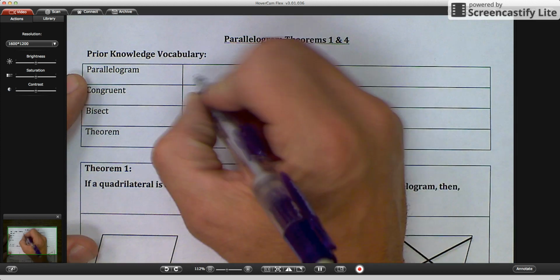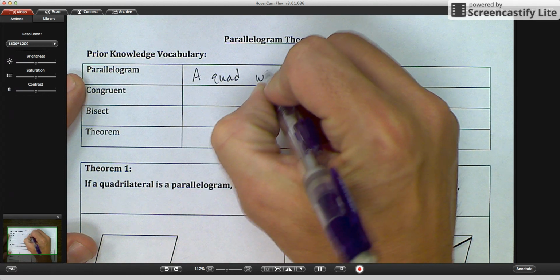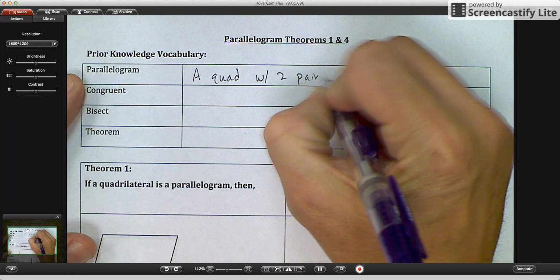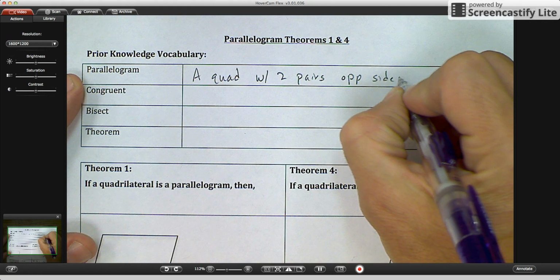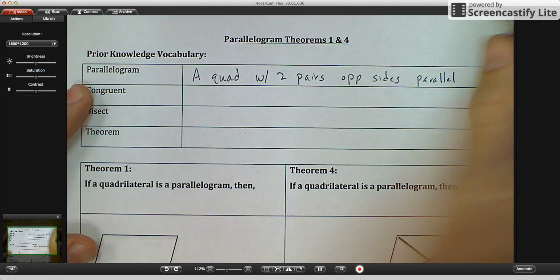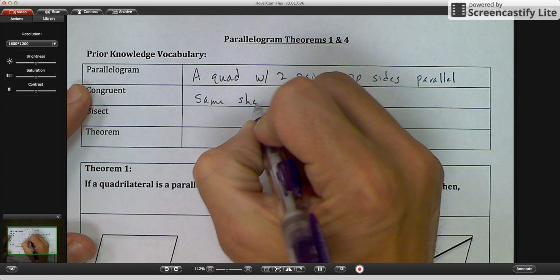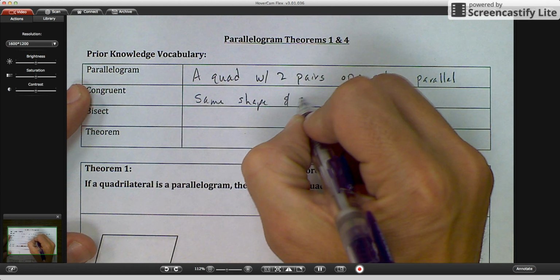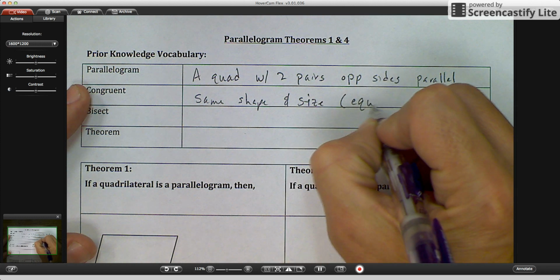A parallelogram is a quadrilateral with 2 pairs of opposite sides parallel. Congruent, same shape and size. Another word for that is equal.